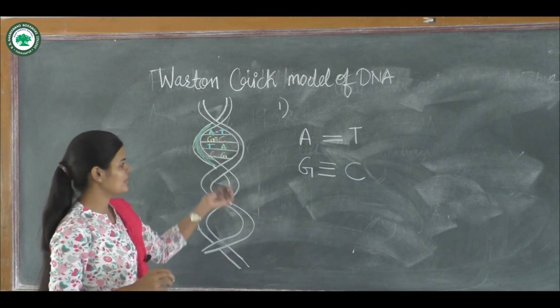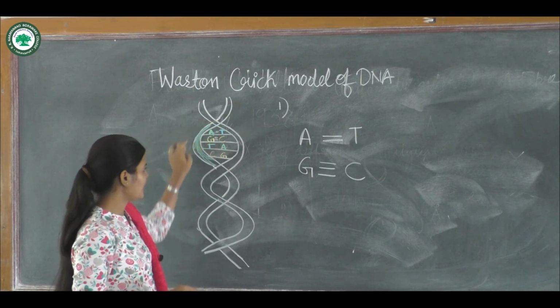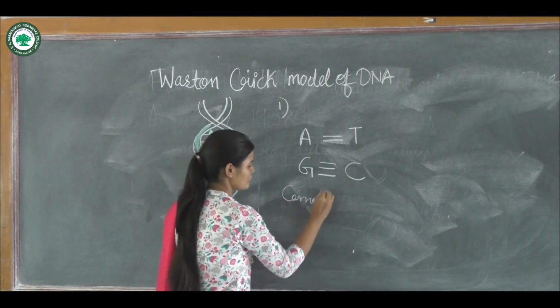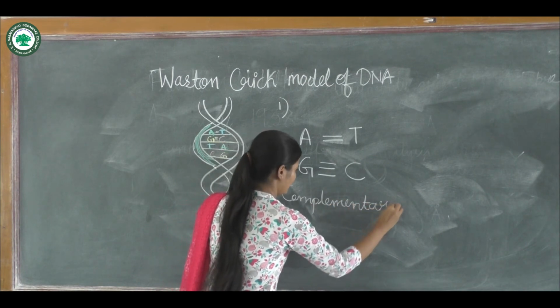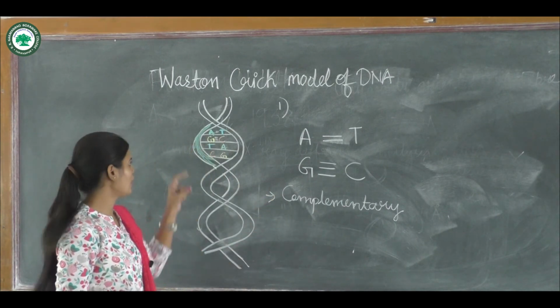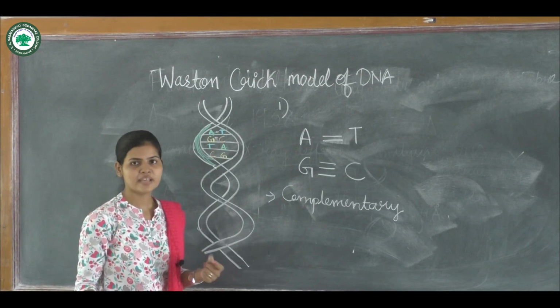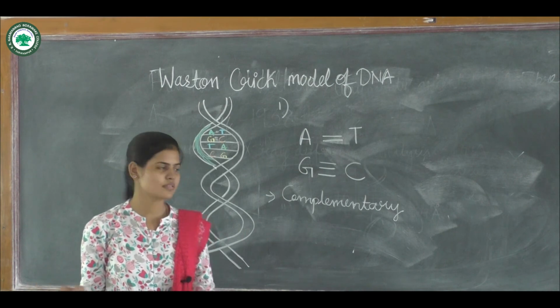Now the next point: the polynucleotide chains are complementary to each other. What is meant by complementary? Suppose we know the sequence of one strand, we can find out the sequence present in the other strand.